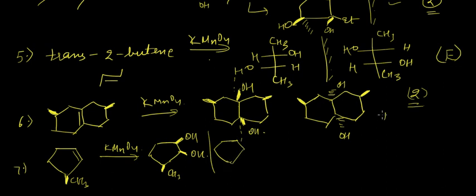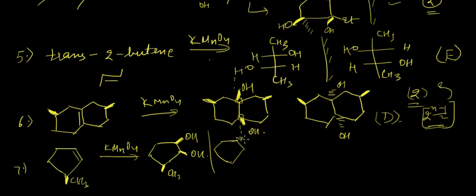By the way, these two are diastereomers. In this case, the total number of chiral centers is 2, but there are 3 stereogenic areas. The compound is symmetrical but has 3 stereogenic areas, so this formula would be applicable. So n is 3 here, the number of stereogenic areas, so 2 to the power (3 minus 1) by 2, which is 1. So this is the formula for calculating the meso compound. So in this case, 2 is the number of meso compounds.